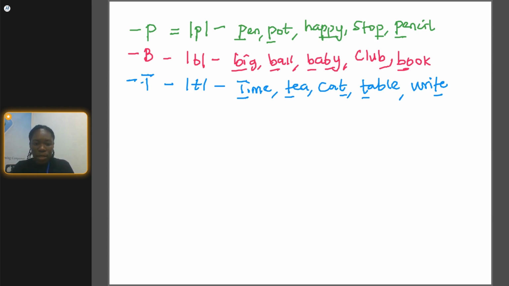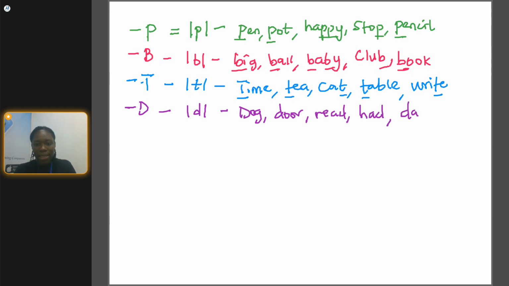The next sound we are looking at is letter D, which gives us the D sound. We have examples like dog, door, add, read, dance.